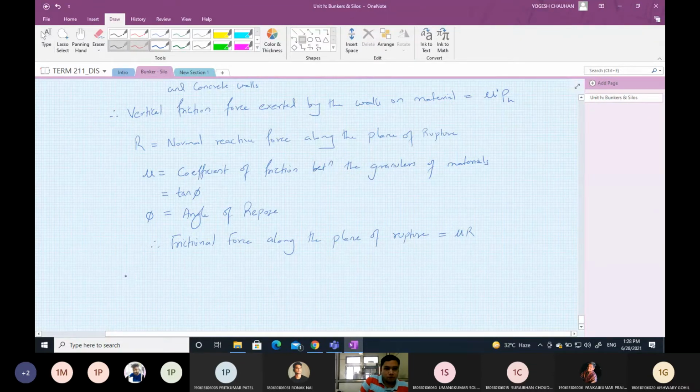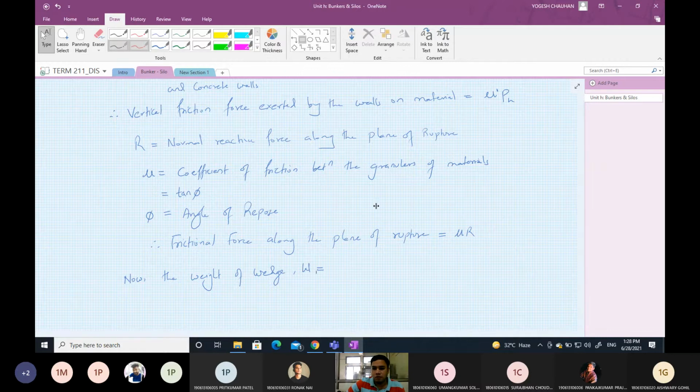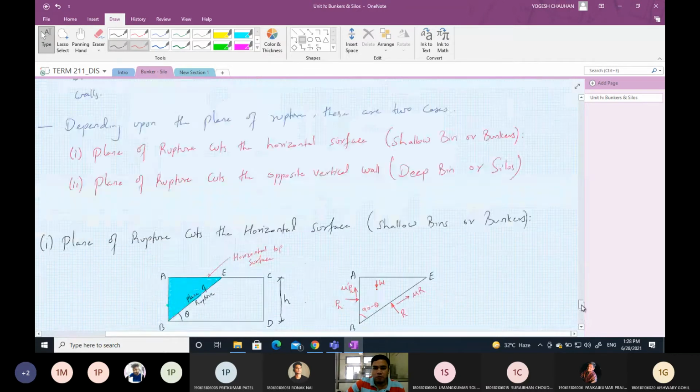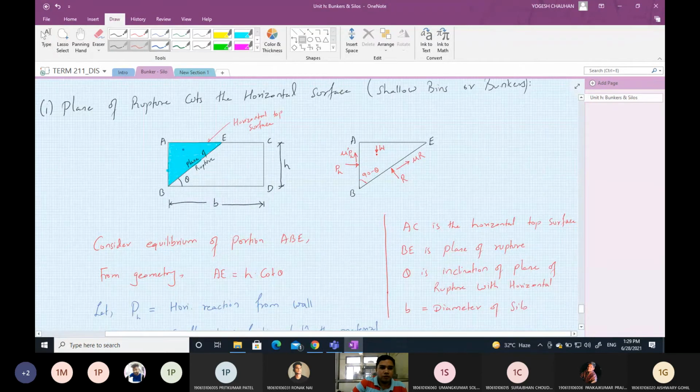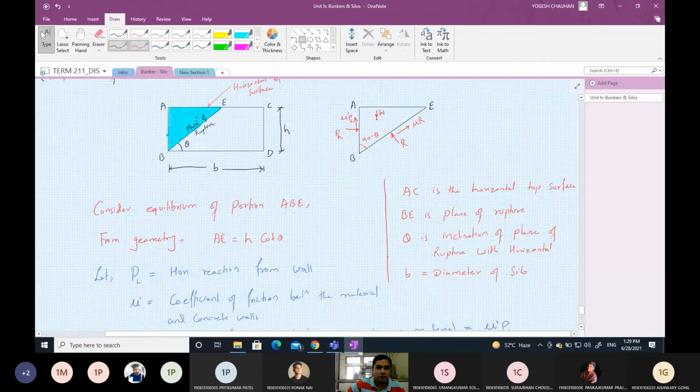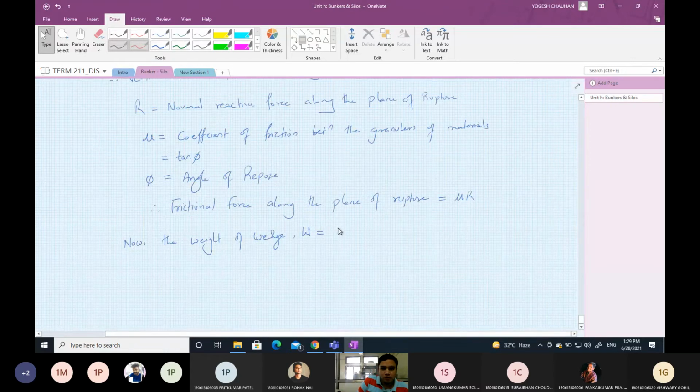Now the weight of wedge W will be equal to the weight of this portion of the material, so that will be equal to the area under this triangle multiplied by the unit weight of the material, so that will be equal to 1/2 into AB into AE.